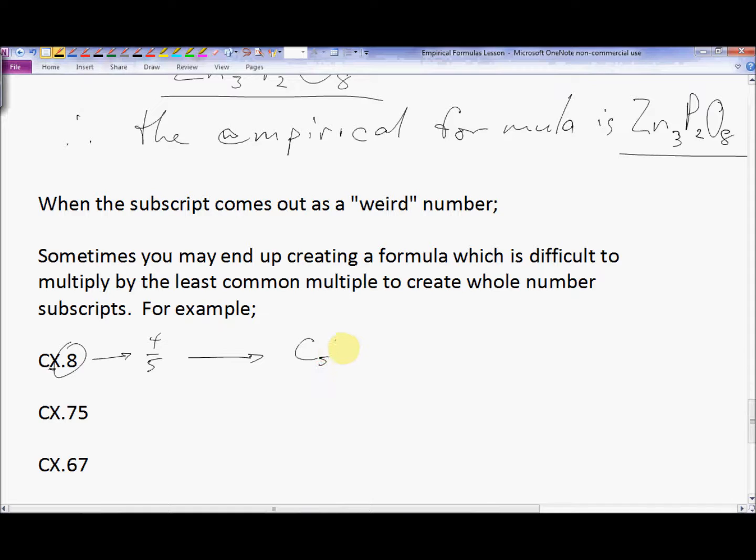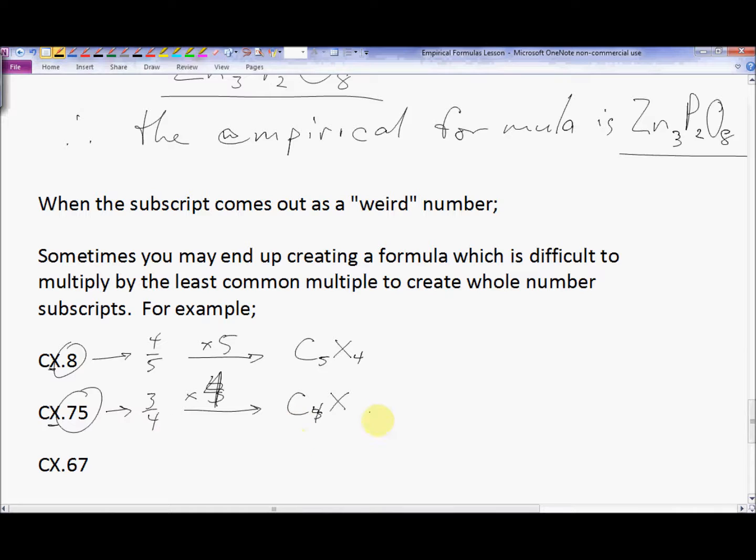Here, carbon and some mystery material X, 0.75. Recognize that 0.75 is 3/4. So if we multiply this formula by 4, we're going to end up with C4X3.